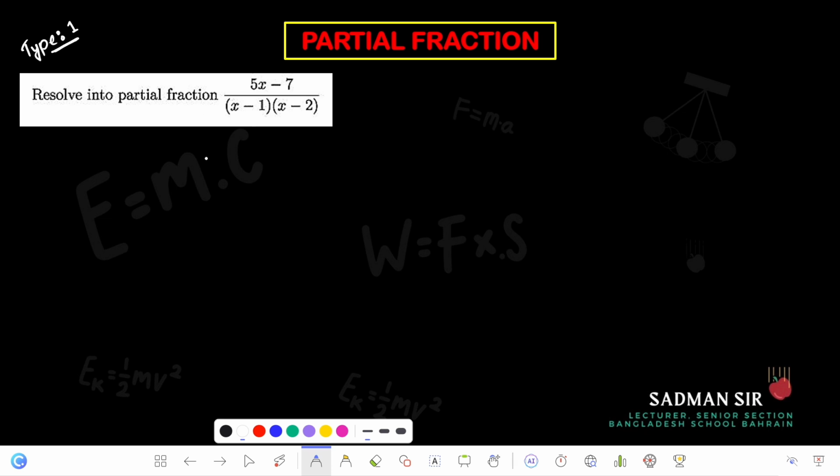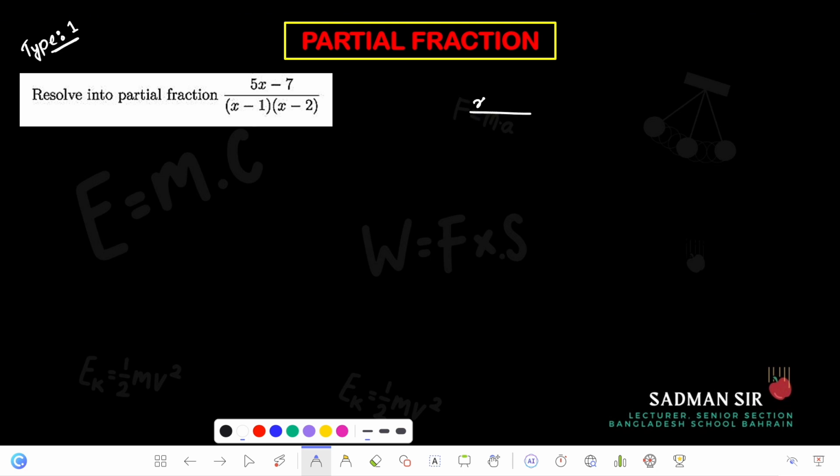So, resolve into partial fraction. Now you might be asking how we understand whether a given fraction is a proper fraction or not, because here it's not directly numbers, it is polynomials, right? So in case of polynomials, how can we understand which one is a proper fraction and which one is an improper fraction?